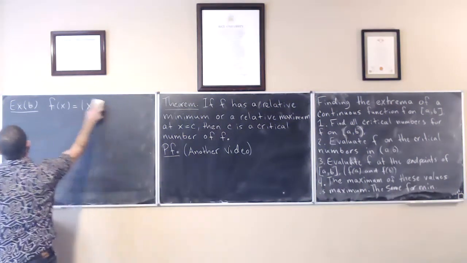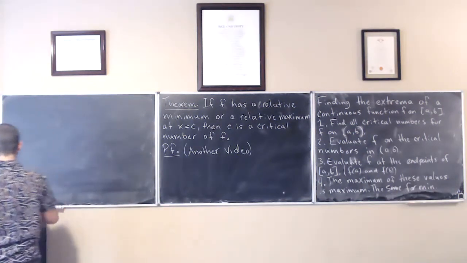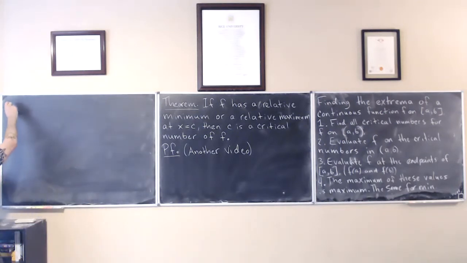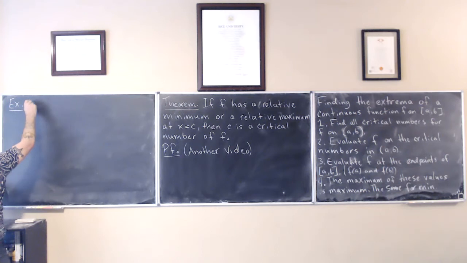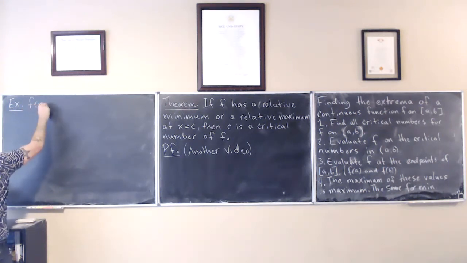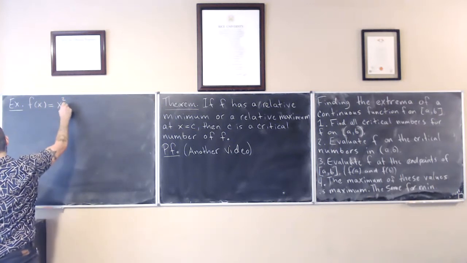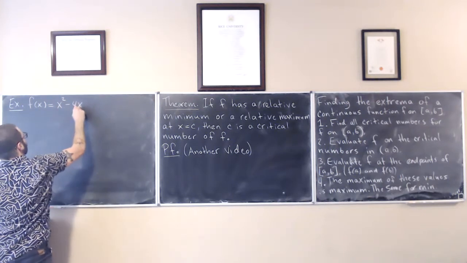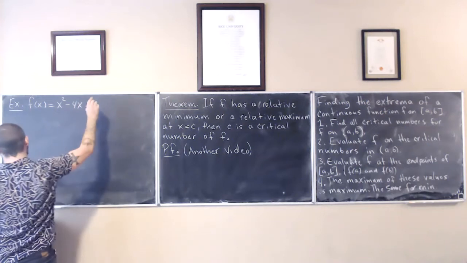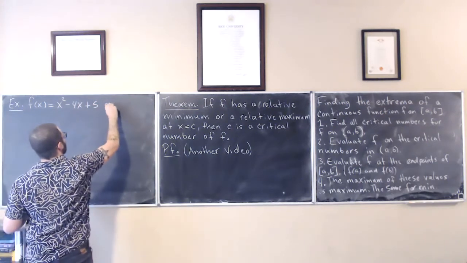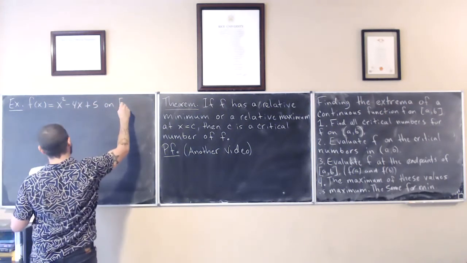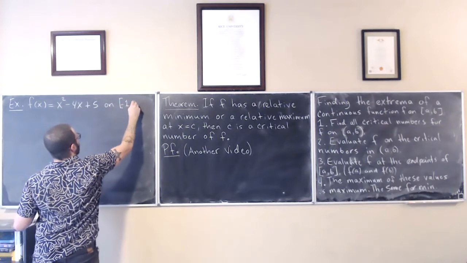So, for example, let's consider f(x) = x^2 - 4x + 5 on the closed interval [-1, 3].